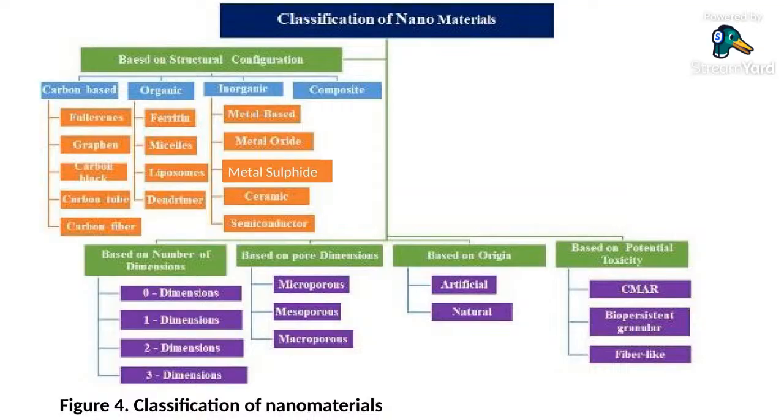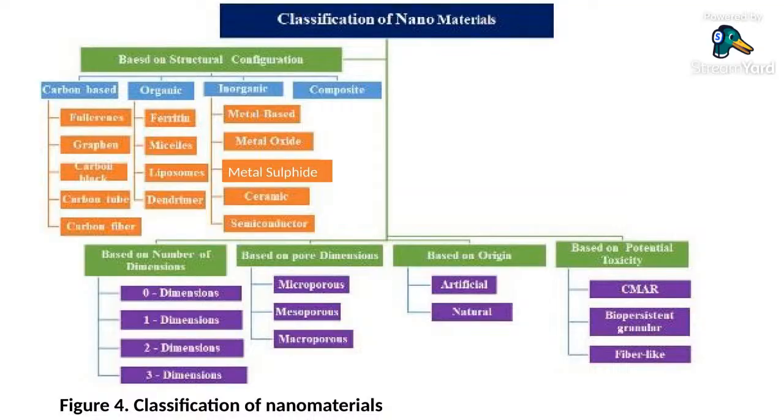Then based on pore dimensions, we can classify them as microporous, mesoporous, or macroporous, depending on their pore size. Then based on origin, artificial or natural: some nanomaterials were produced by nature, as we see in magnetite, and alum powder.